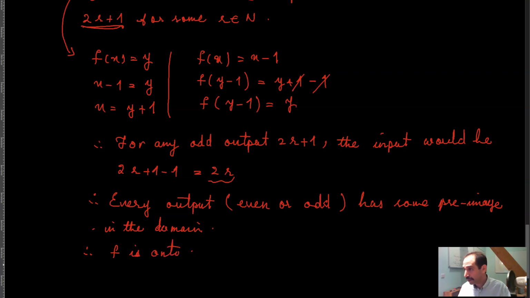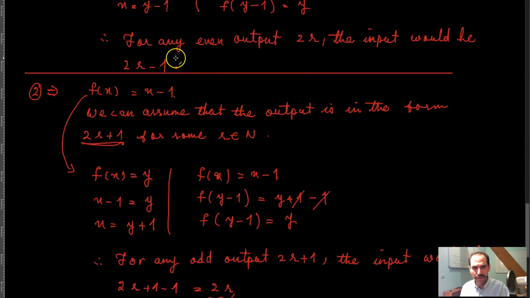Right? I just want to check my answer here. So here it's saying that for any odd number 2r plus 1, it's supposed to be 2r plus 2, I suppose. Any even number 2r minus 1, that is correct, but there is something wrong here.